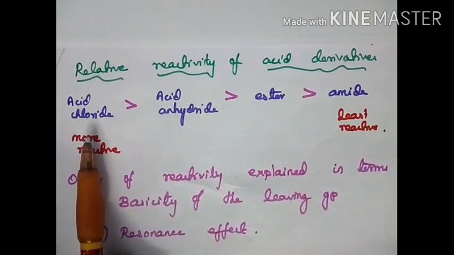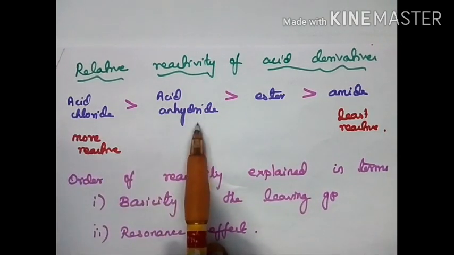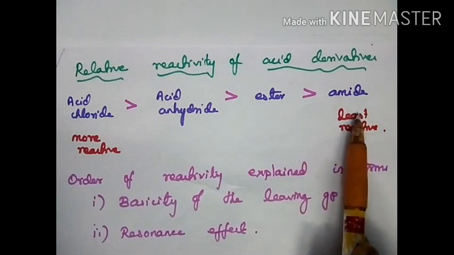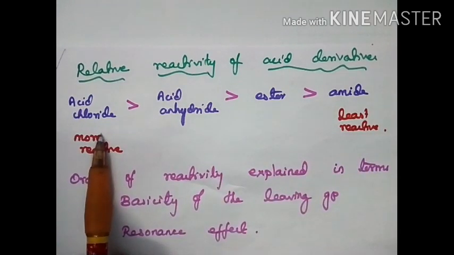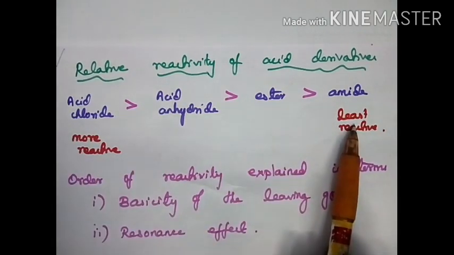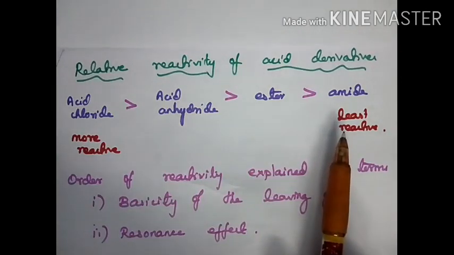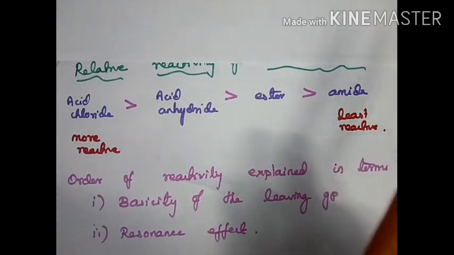What is the order? Acid chloride is more reactive than acid anhydride, ester, and amide. The least reactive is acid amide.